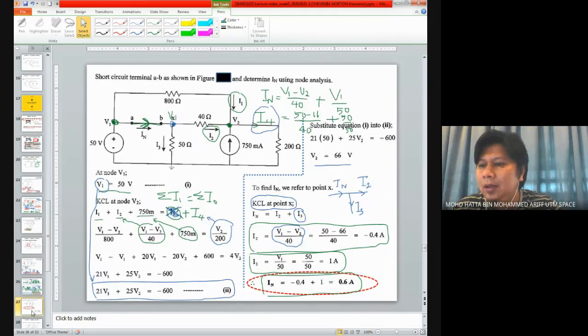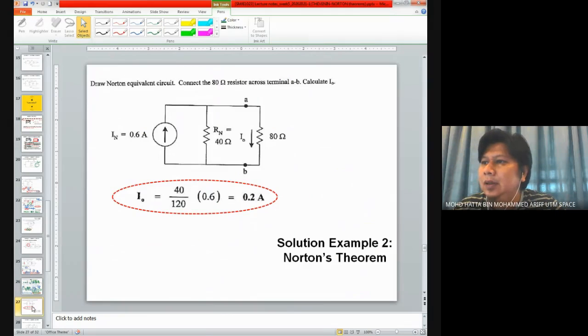For the last step, you draw back your Norton equivalent circuit, consisting of a current source in parallel with a resistor, and put back your 80 ohm load resistor, and try to find the current flowing here using the current divider rule.